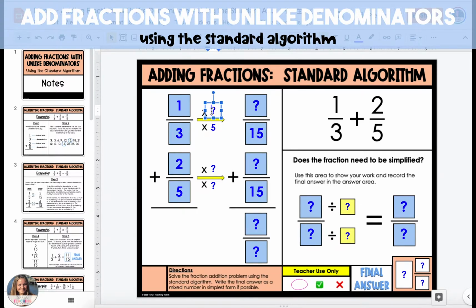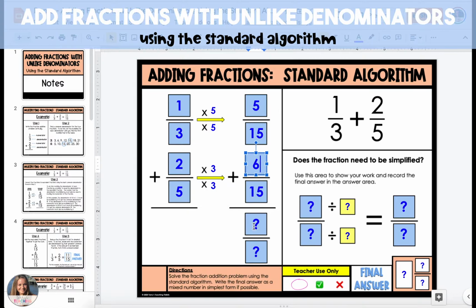If we multiply the denominator by 5, we also have to multiply the numerator by 5. So 1/3 will equal 5/15. For 2/5, the 5 in the denominator has to be multiplied by 3 to get the common denominator of 15, so the numerator also has to be multiplied by 3, which makes 2/5 equal to 6/15.